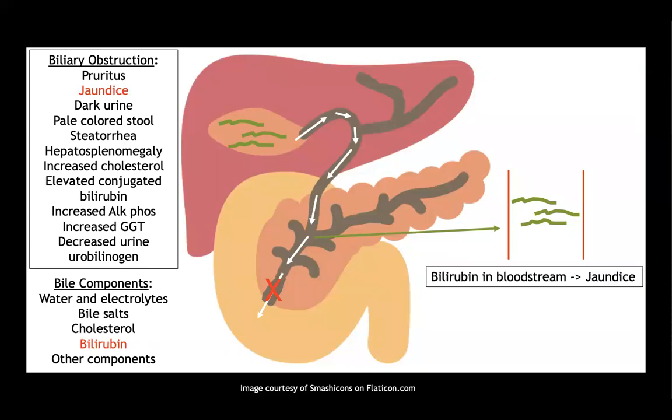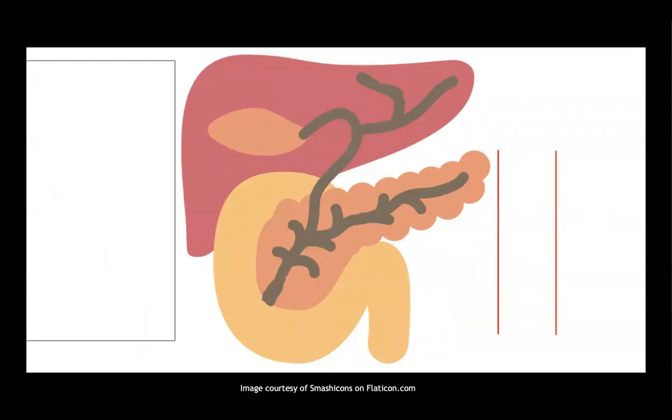For jaundice, jaundice is caused by any sort of bilirubin in the bloodstream, whether it's conjugated or unconjugated bilirubin. Dark urine is also caused by bilirubin in the bloodstream, but it's just the conjugated form that's causing the dark urine. And so I'm going to show this in a graphic to make sure it makes sense to you.